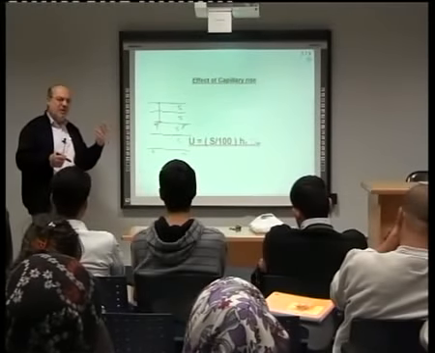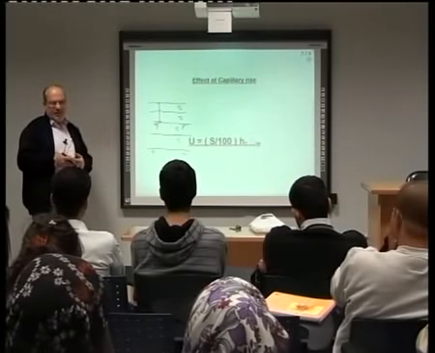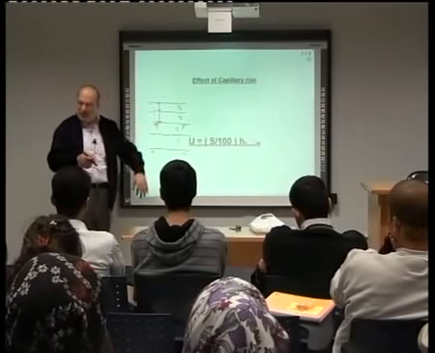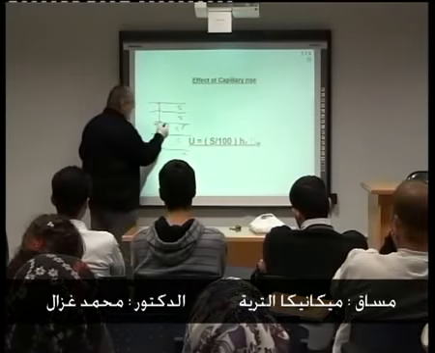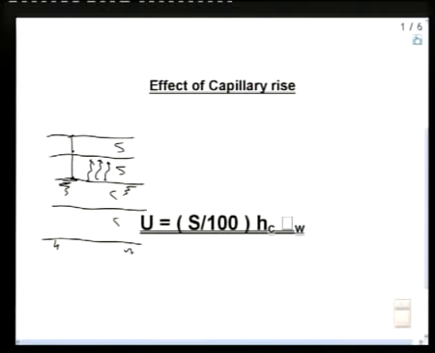Either it is at the end of winter, for example, and water is still flowing down by gravity, or we may have water going up. Why? Due to capillary rise. We said that when we have water and we put a tube, water will go up in that tube due to capillary force.